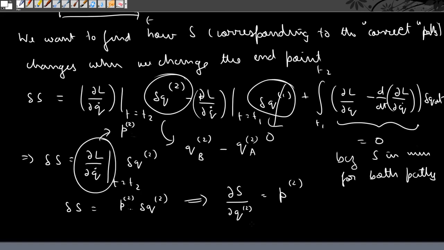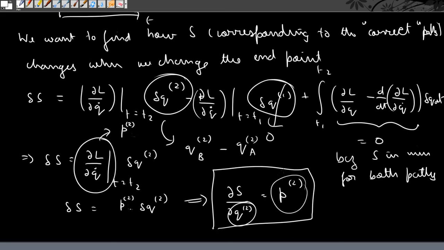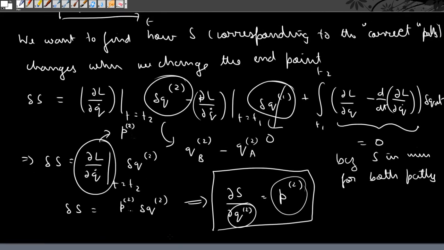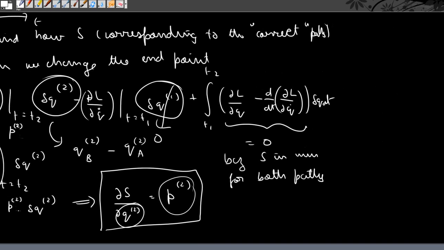Remember, this relation is valid only for values of q, del q and p at the endpoints, not for any values. Now for many coordinates, this was only for one q.